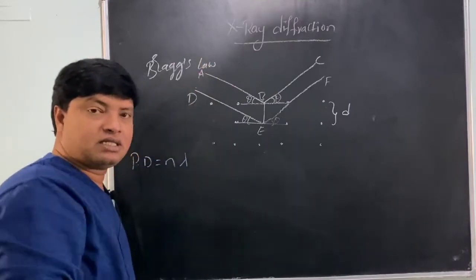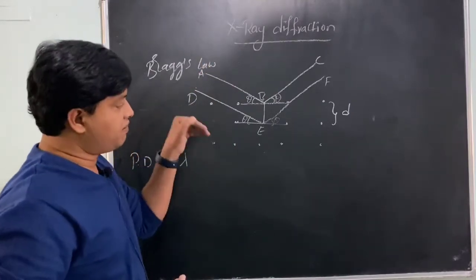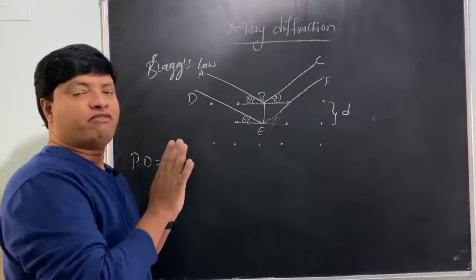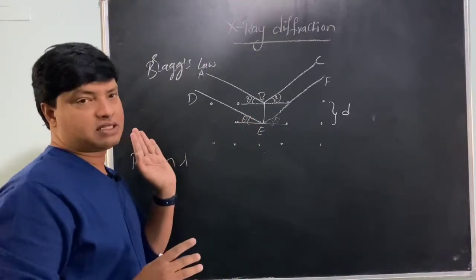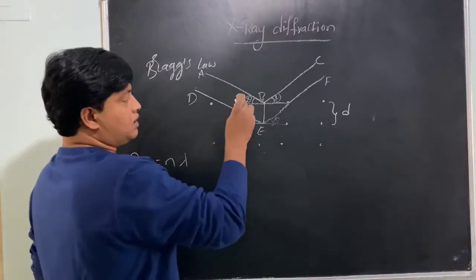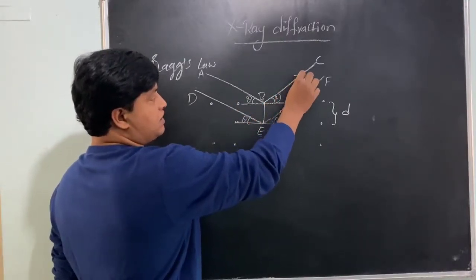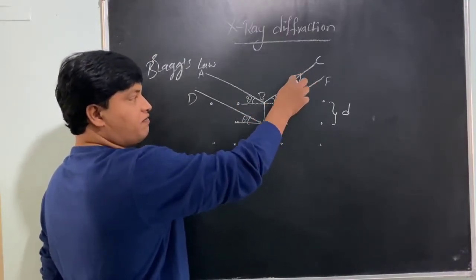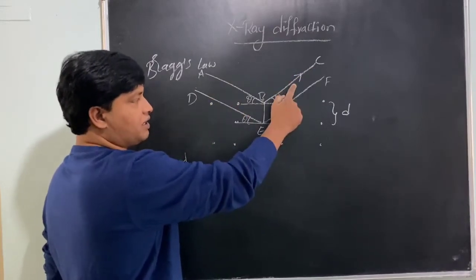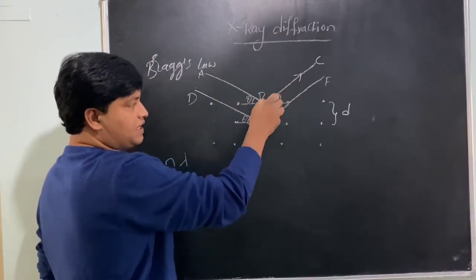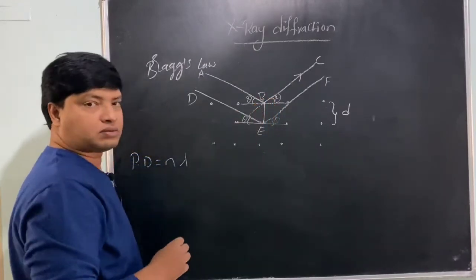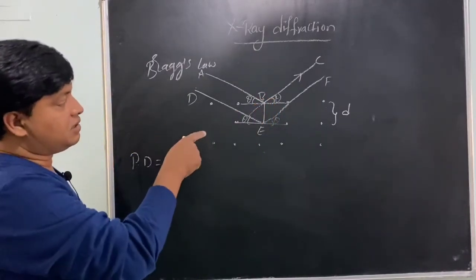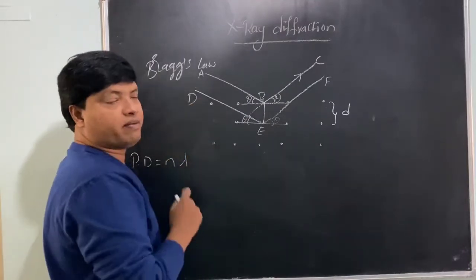We have many planes in the crystal, so your X-ray can pass through many planes. For the time being, assume that we are analyzing two planes. This is the incident ray, this is the diffracted ray of the first wave. Extrapolate this diffracted ray until it touches the incident ray of your second wave.